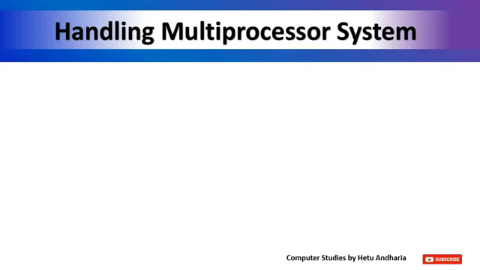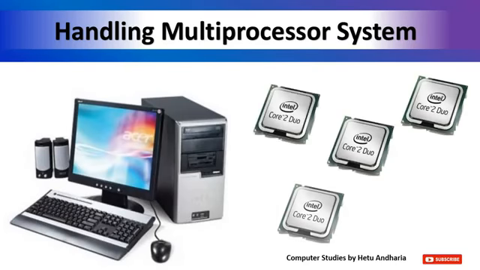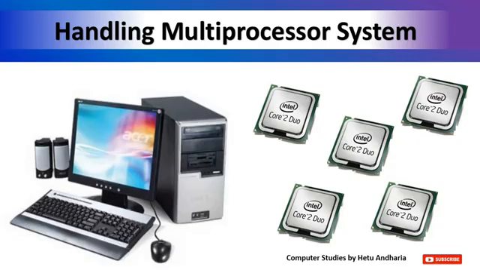Then comes handling multi-processor systems. What is that multi-processor system? A computer system may have more than one CPU, that is, processors. A computer system having more than one processor is known as a multi-processor system.